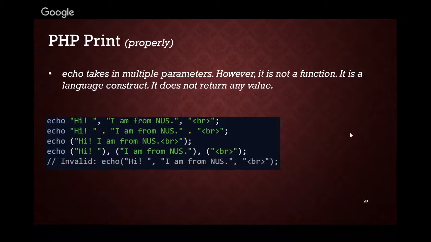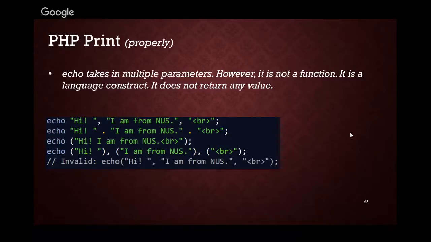So in some other languages, if you want to concatenate a string with another string, you maybe need some function like append or something else. But in PHP, when this dot operator is applied on 2 strings, they will append these 2 strings together. But if it is a comma, it just means there are 2 parameters.